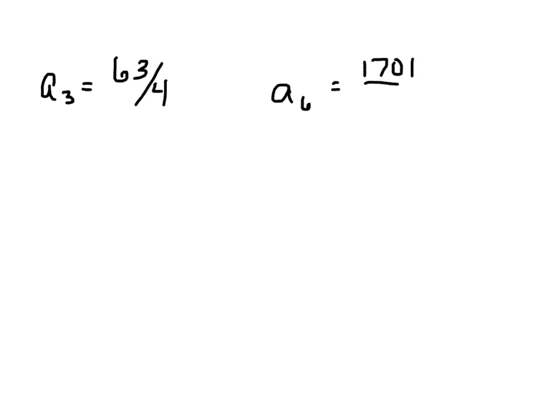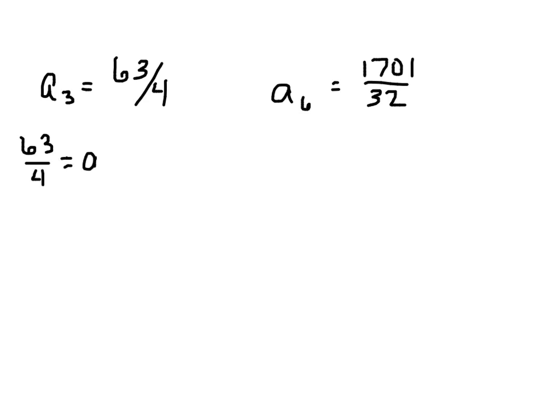Much like the arithmetic ones, if they ever give you something like the third term is 63 over 4, and the sixth term is 1701 divided by 32, find the formula for this. Again, right now, you would have put in 3 to get out 63 divided by 4.